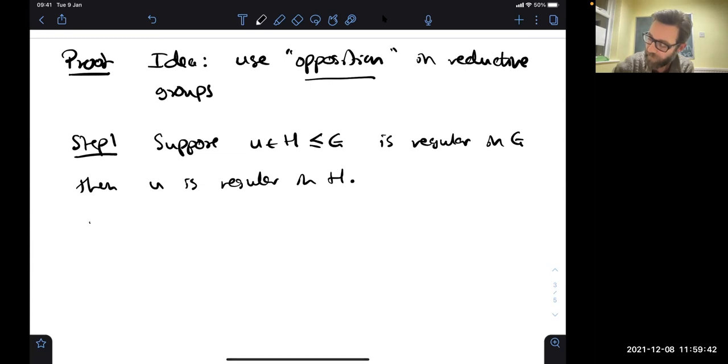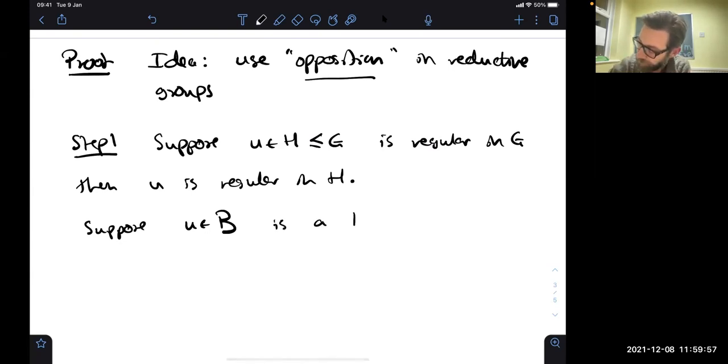I'm going to show that u is only contained in one Borel subgroup of H. So suppose B containing u is a Borel subgroup of H.